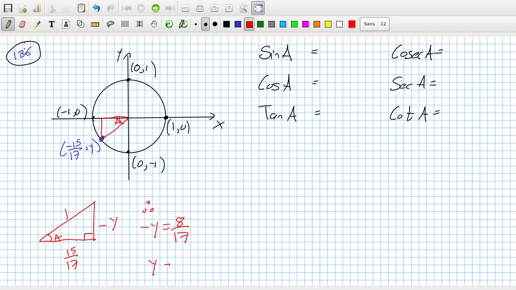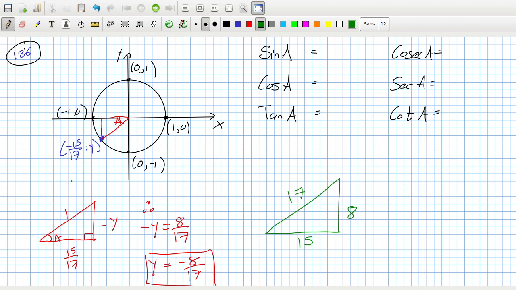So that means y is minus 8 over 17. And if we just rescale that triangle up by multiplying by 17, that would be 15, that would be 8, and that would be 17. 15 being the adjacent, and then 8, 17.